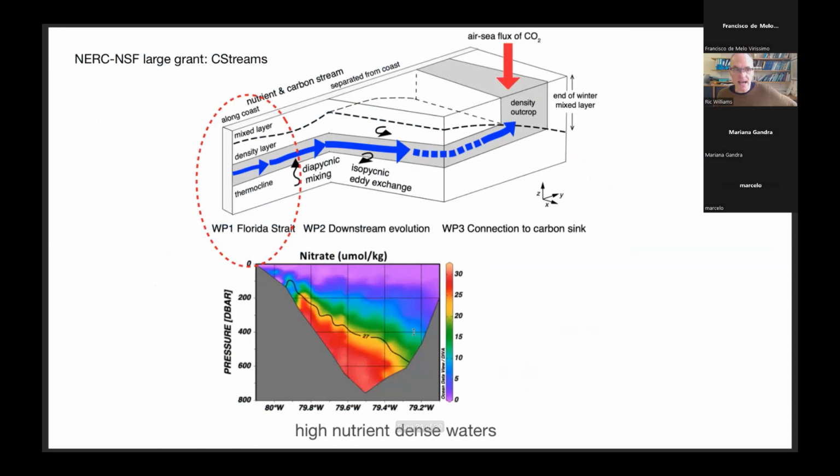So what we are doing now is a program to test out the importance of the nutrient stream. This is a jointly funded UK Natural Environmental Research Council grant with NSF in the USA.